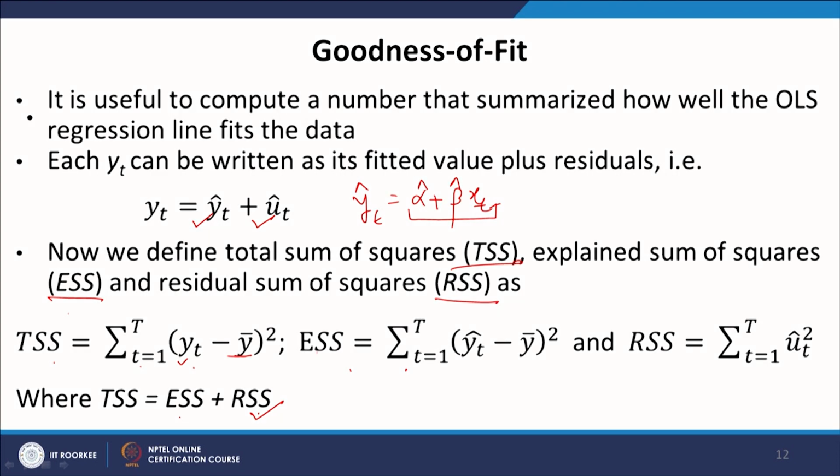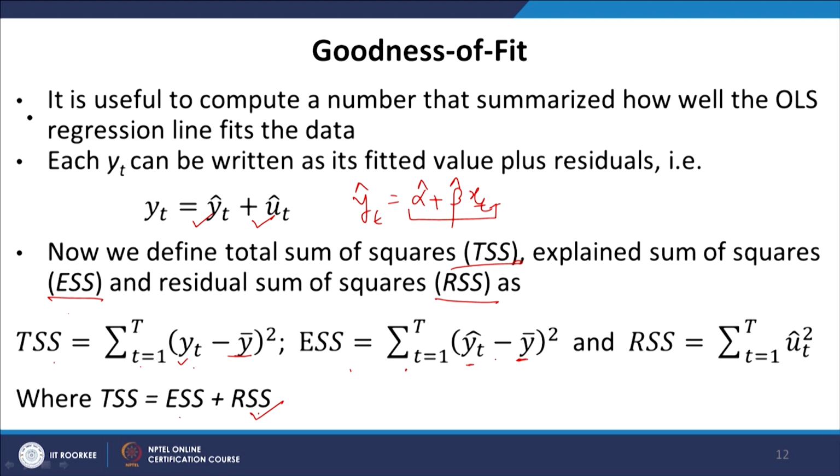Explained sum of squares is the deviation of the estimated values from the mean value of the series, again the yt series, and RSS or residual sum of squares simply considers the squares of the residuals and sums them up.